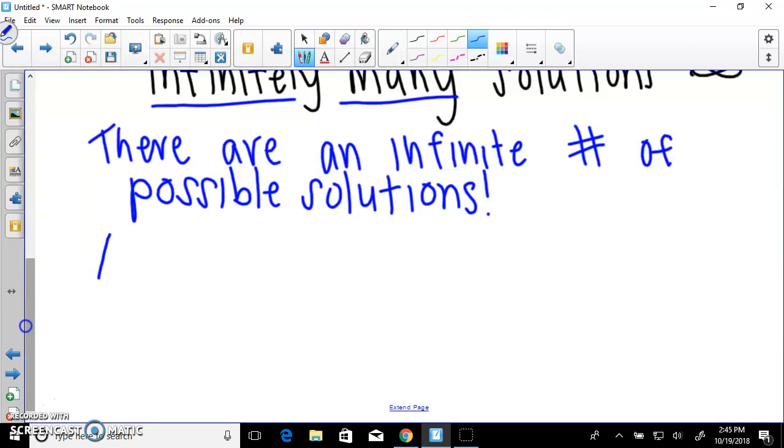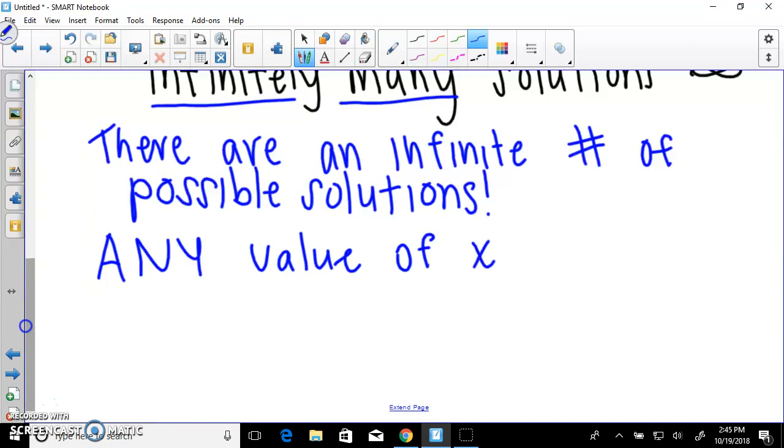And what that means is any value of x makes the equation true.